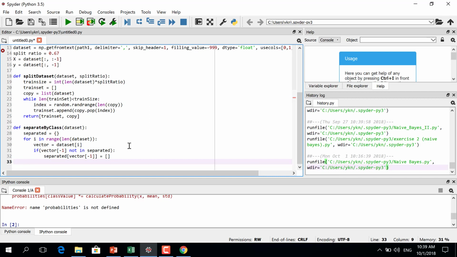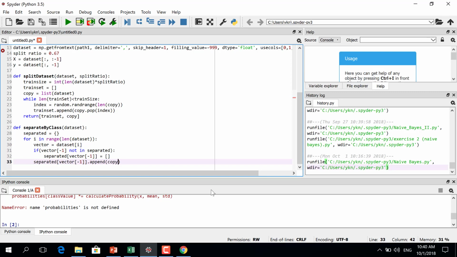And now we have to put this separated factor -1 dot append, meaning appendix. So we have to construct row by row in separated factor, meaning we have to reconstruct those two groups, and we have to put another index.